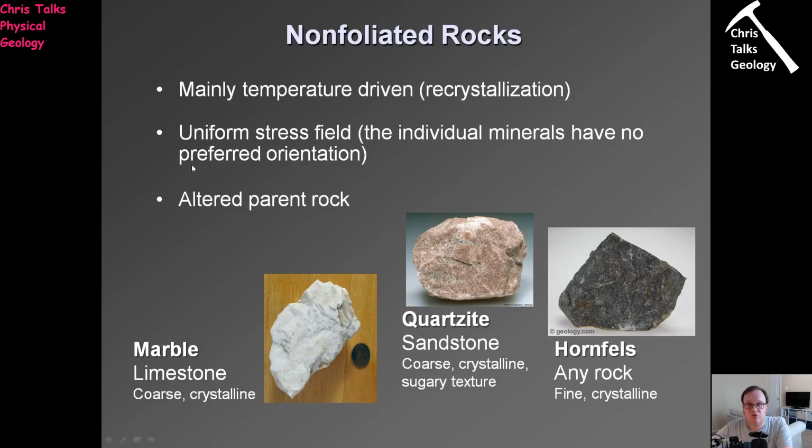So you get a very quartz-rich sandstone, it turns into a very quartz-rich quartzite. You've not really lost anything. The chemical composition remains pretty much the same. Obviously, there's some change in the physical characteristics of the rock, but as a whole, it's pretty much exactly the same as the parent rock. Same with a marble. Now, hornfels are slightly different, so we'll come on to those when the time's right.